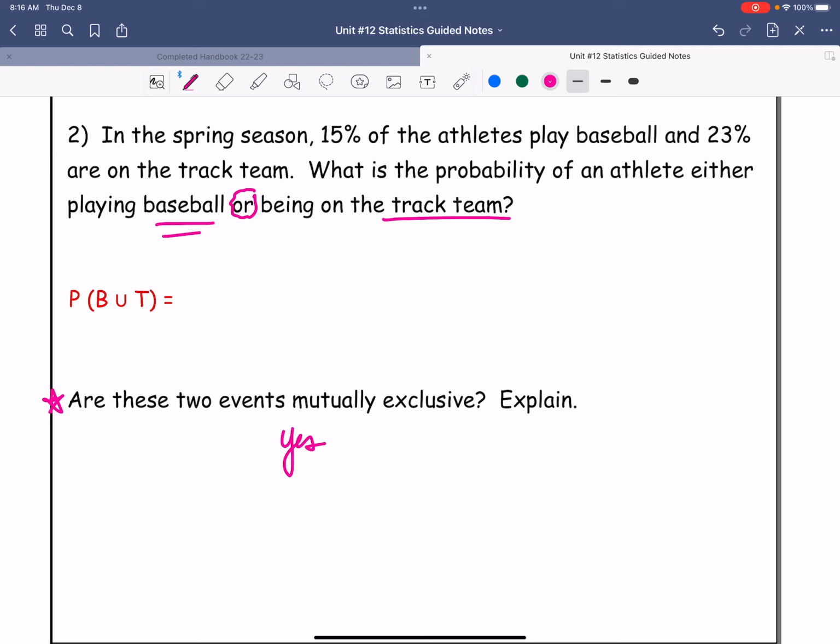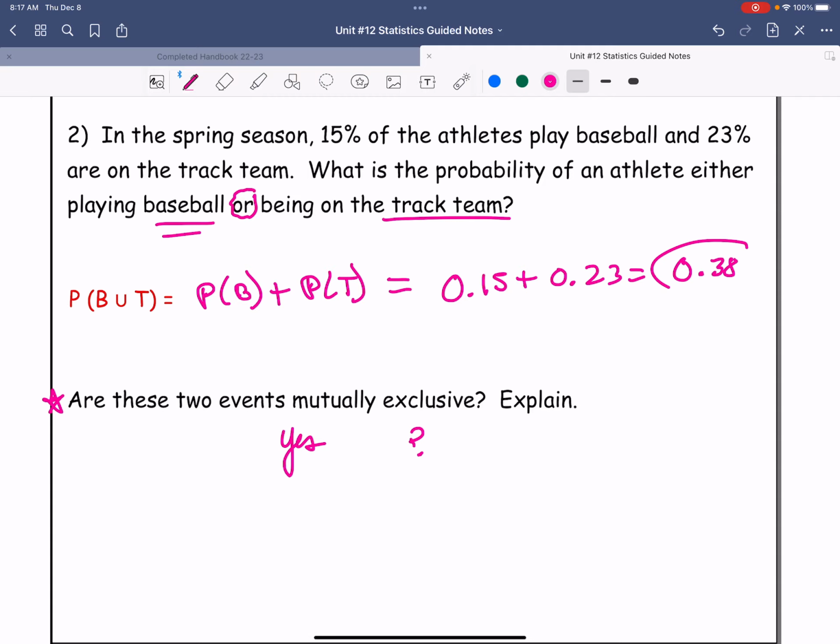So I'm going to say yes, but put a question mark. If that is not true, let me know. So that means we can get the probability of baseball and add it to the probability of track, because we're looking at the or and events are mutually exclusive. So it's 0.15 added to 0.23, and the answer to that is 0.38, or 38%.